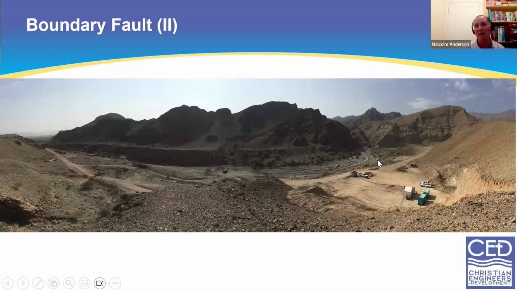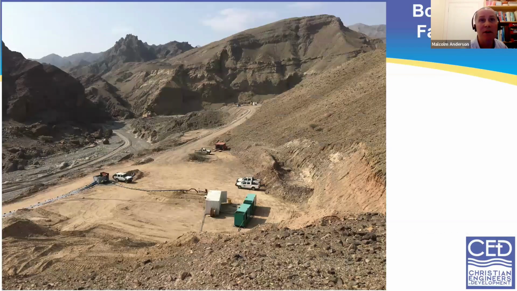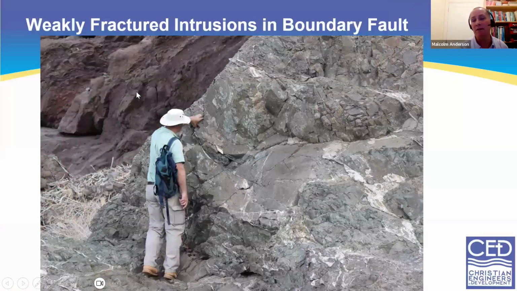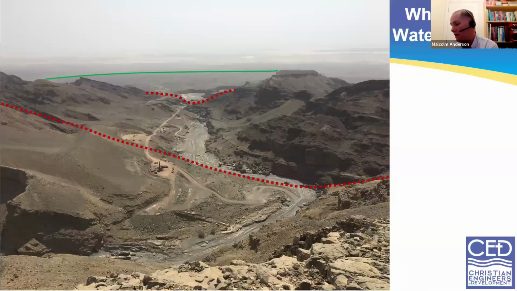And in the middle here are the intrusions that have come into the fault as it's moved. There's another shot of that a bit closer. So there's the zone of the fault. Here are the intrusions. Here's the Danakil formation. And there's the intrusion, and there's the Danakil on the far side. So what about water quality?